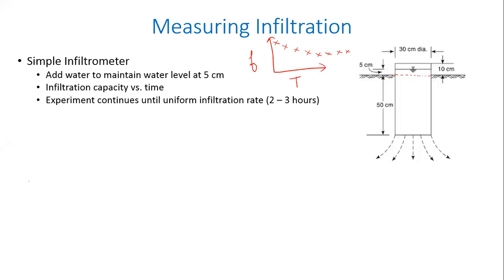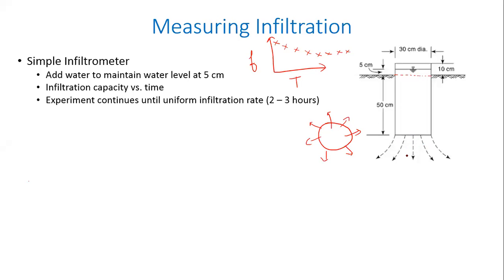So if I imagine this in plan view, if this is the ring that you've driven into the ground, the water is free to move in all directions, including downwards, right? So in plan view, it'll radiate outwards, and it'll also continue to move downwards, of course, right?